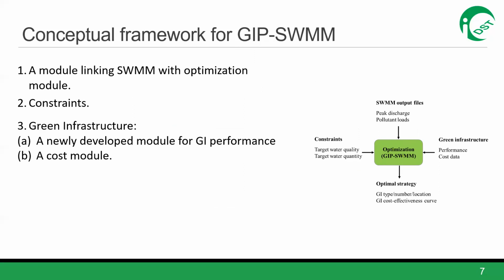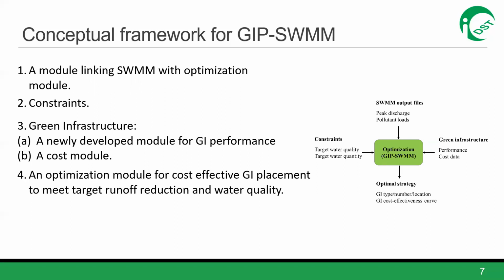The third module is green infrastructure, which has two sections: a new module we developed to calculate the GI performance, and a cost module of the green infrastructure. At the end we have an optimization module for placement of the GI to meet the target water quantity and quality requirements.